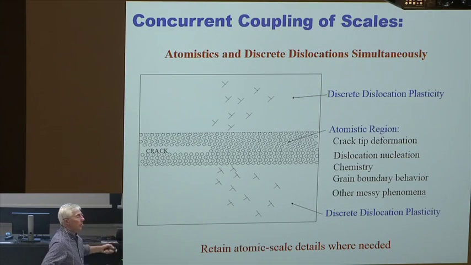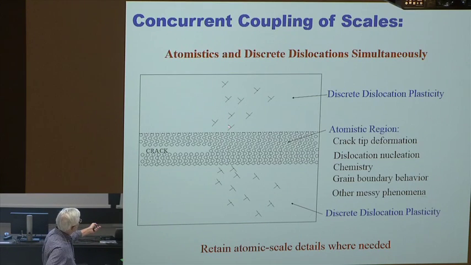Dislocation fields are very long range, particularly in 2 dimensions, but in general going like 1 over distance. And so if you do something wrong over here, that effect percolates over long distances. So you have to be very careful about the mechanical coupling between atoms and continuum.